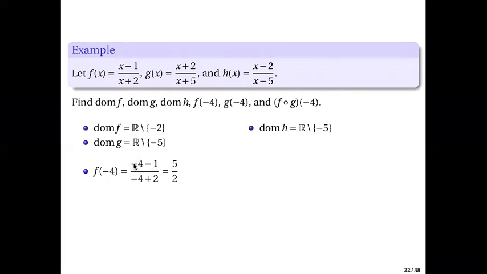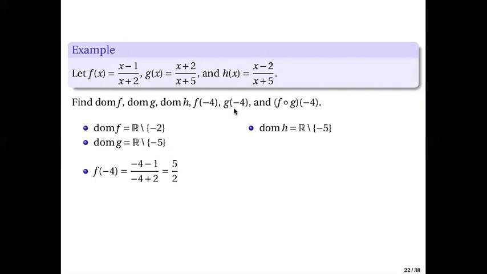In the numerator, you will have negative 5. In the denominator, you will have negative 2. So negative 5 over negative 2 is just 5 over 2.